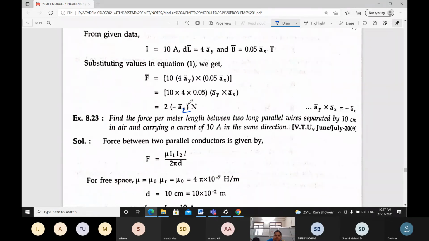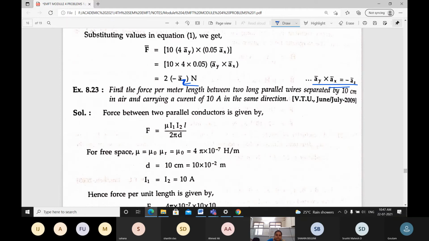That's why here it is taken AY but it's AZ. Here it is mentioned correctly but here it is done wrong. Just make those corrections while you are writing the notes. You'll get minus 2 AZ newtons.